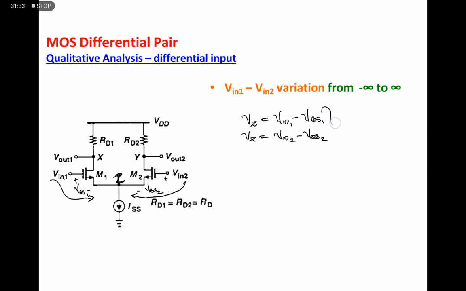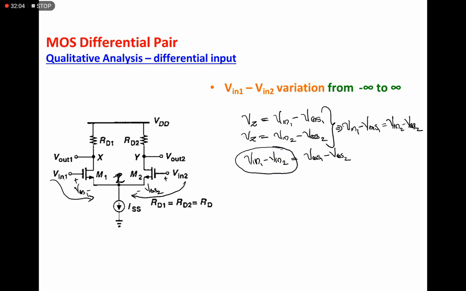From these two equations we can relate Vin1 minus VGS1 is equal to Vin2 minus VGS2, and Vin1 minus Vin2 we can write as VGS1 minus VGS2. So instead of finding the value of Vin1 minus Vin2 to make one of the transistors off, we can find the value of VGS1 minus VGS2, which makes one of the transistors off.